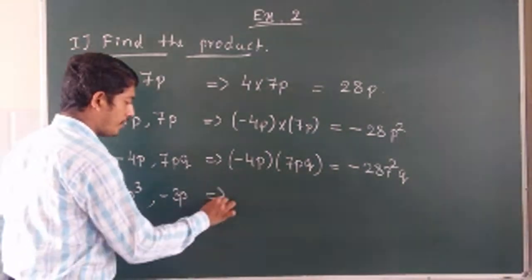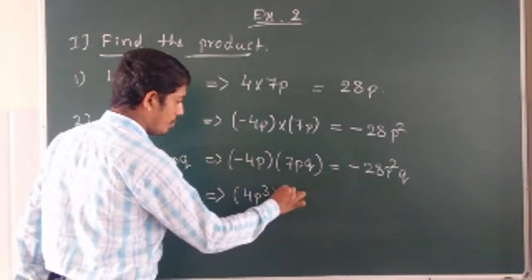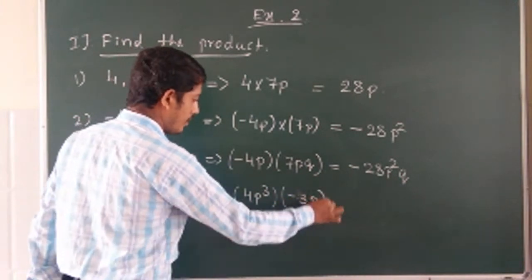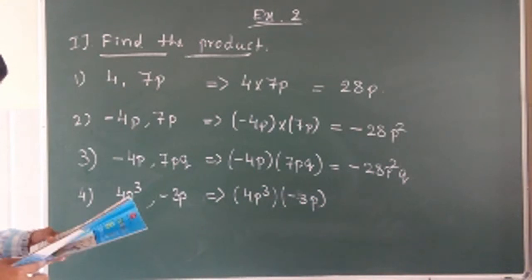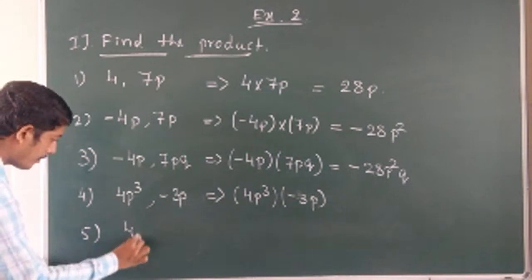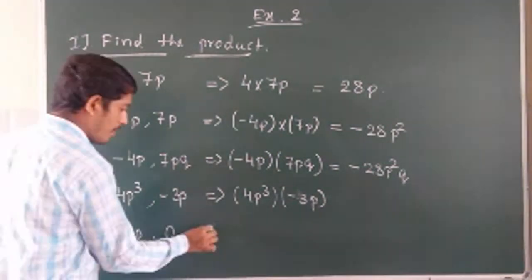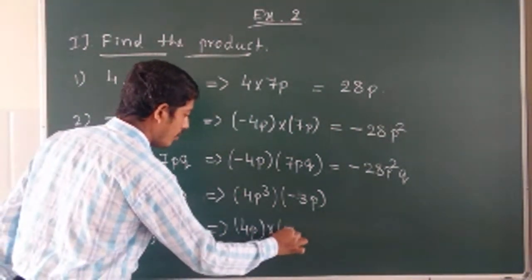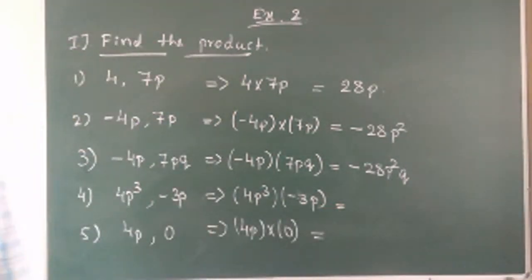Comment with the answer first. 4p cube into minus 3 first, and similarly the fifth one, 4p comma 0. 4p into 0. So comment with the answer first.